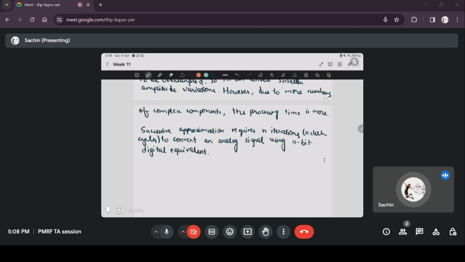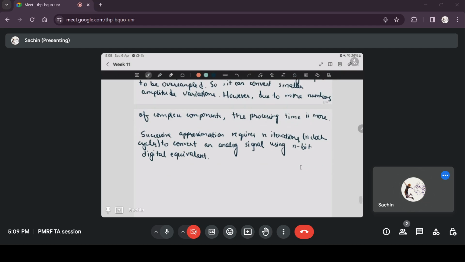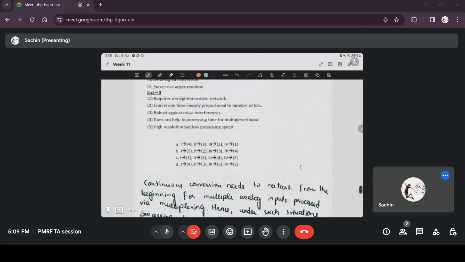So using these four things you can match list 1 to list 2, and the answer turns out to be option D.